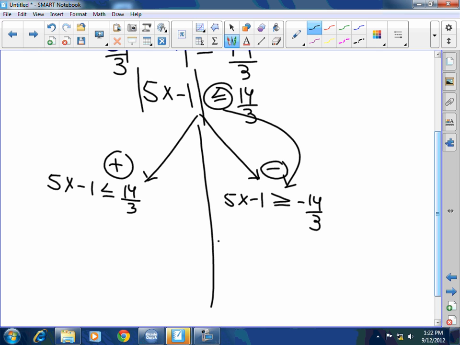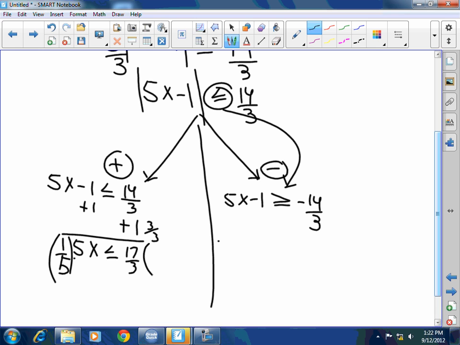Now, Mickey Mouse time. Add 1 to both sides. 5x is going to be less than or equal to, remember, 1 will turn into 3/3, right? And then that's going to be 17/3 multiplied by the reciprocal of 1/5. X is less than or equal to 17/15.